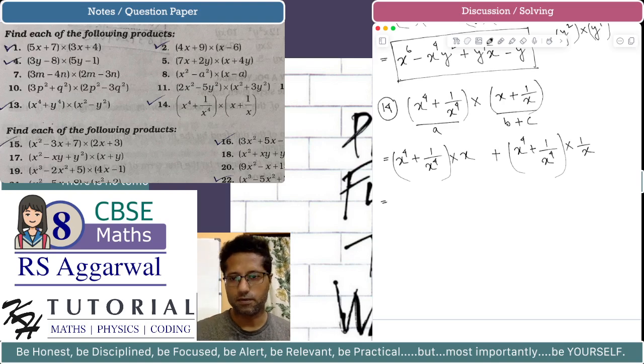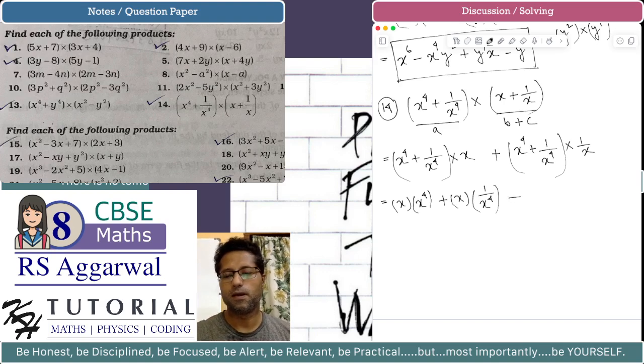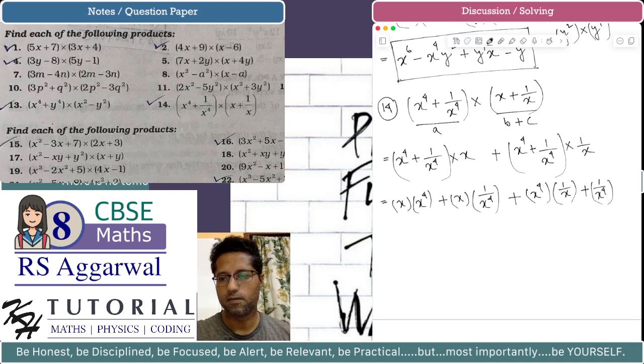This again, further using the distributive law of multiplication over addition, we get x multiplied by x to the power 4 plus x multiplied by 1 by x to the power 4, and we have x to the power 4 multiplied by 1 by x plus 1 by x to the power 4 multiplied by 1 by x.